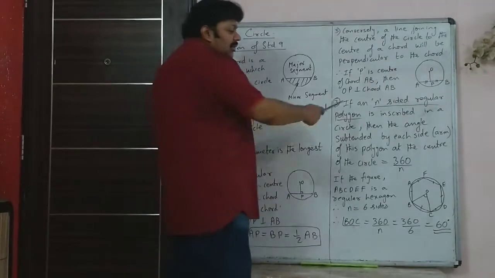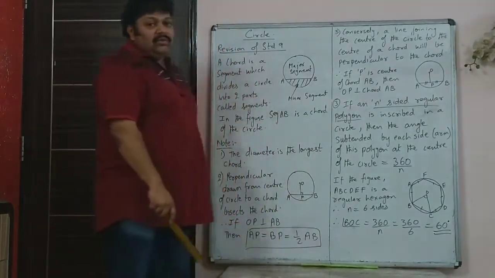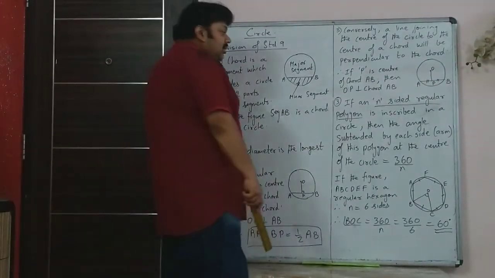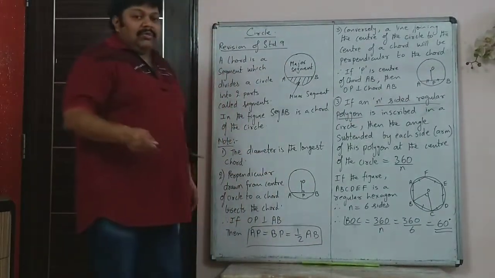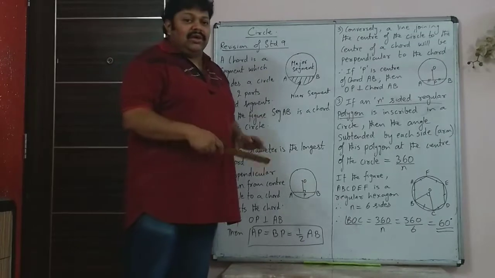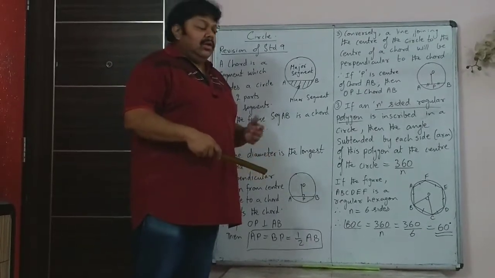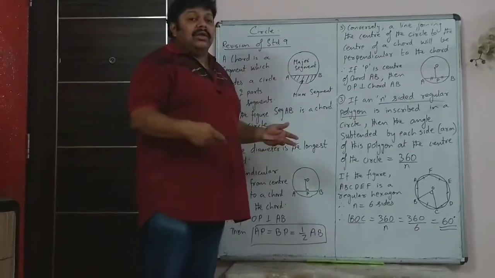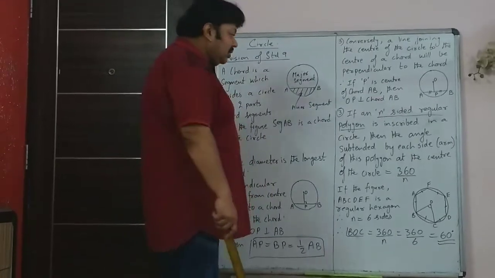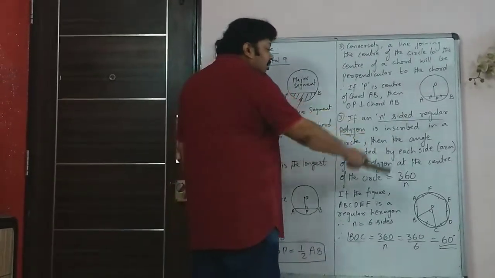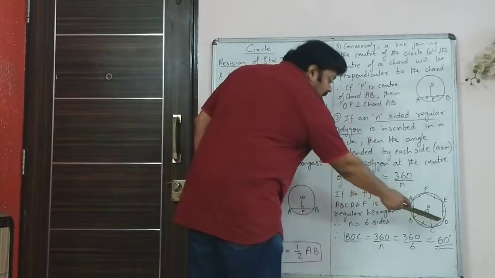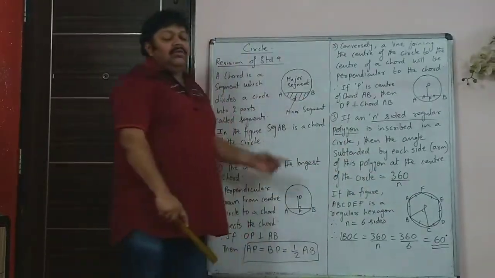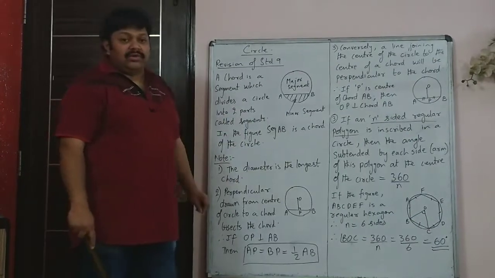Then one more property, and sums based on this you had done in standard 9, that is, if an n-sided regular polygon, regular polygon means it can have any number of sides, but all sides are equal and all the interior angles will be equal, is inscribed in a circle, inscribed in a circle means all the points of the polygon will lie on the circumference of the circle.